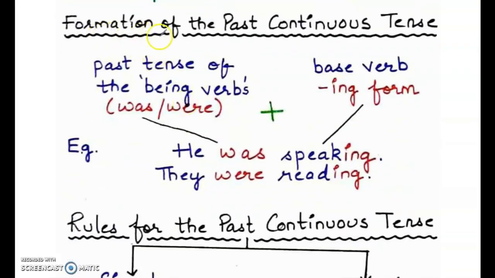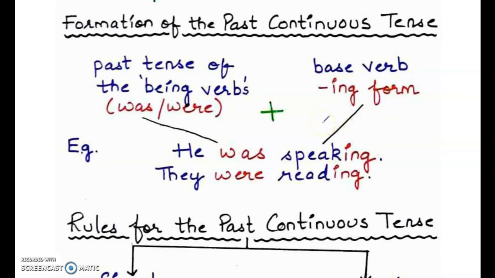Now, formation of the past continuous tense. How the past continuous tense is formed. We can see past tense of the being verbs was and were plus base form plus ing form.